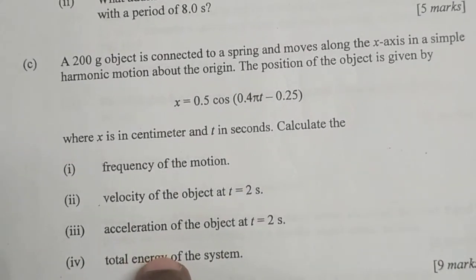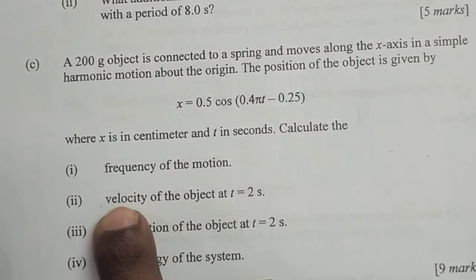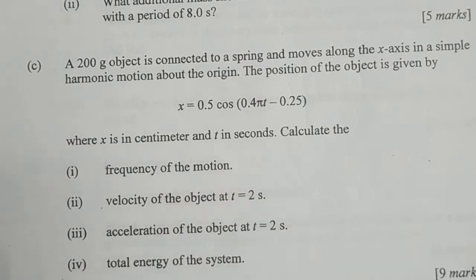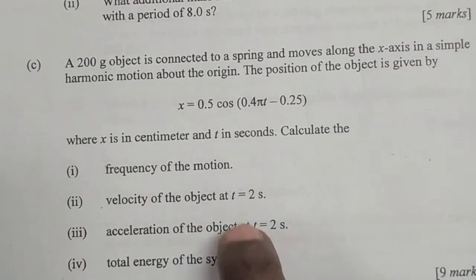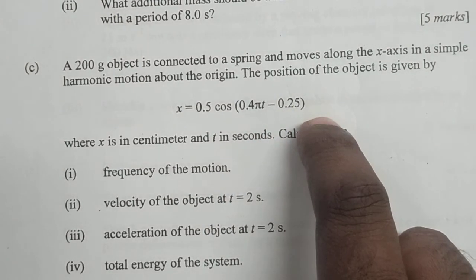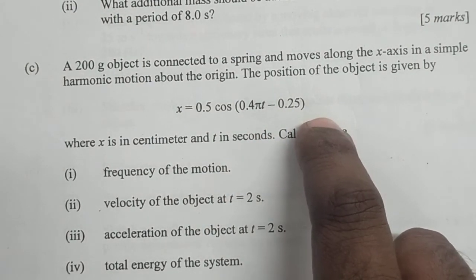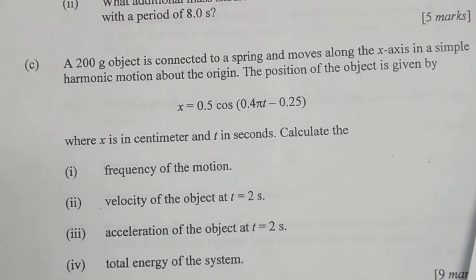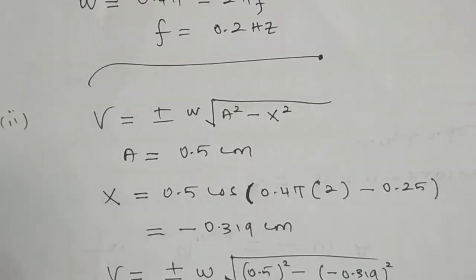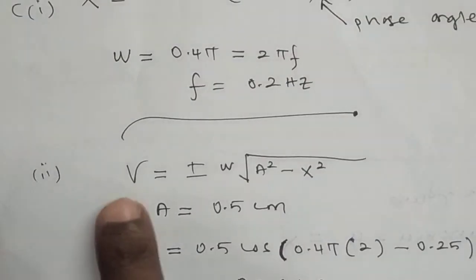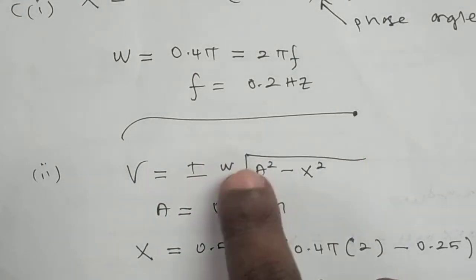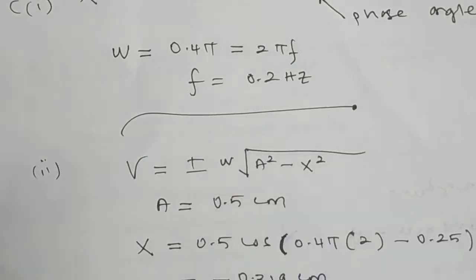Next, for Problem 2, the velocity of the object at t equals 2 seconds. You have two options. One is by using the formula, another one is by using the calculus method. If we use the formula, this is the way. The velocity of the object equals plus or minus omega square root of A squared minus x squared.